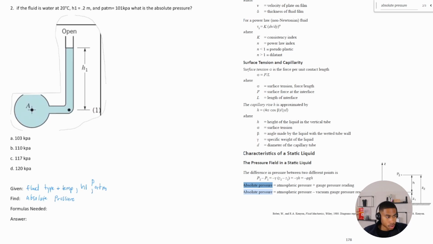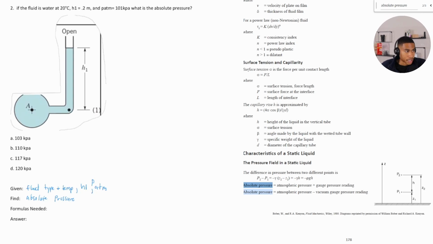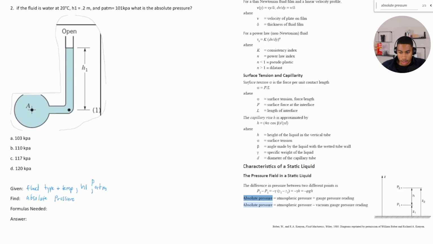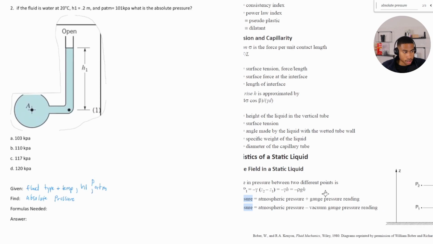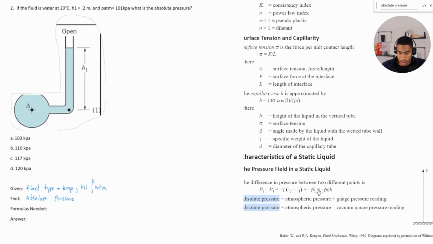So what I'm seeing here is that the absolute pressure is equal to the atmospheric pressure plus the gauge pressure reading. Okay. So how do I get the gauge pressure reading?